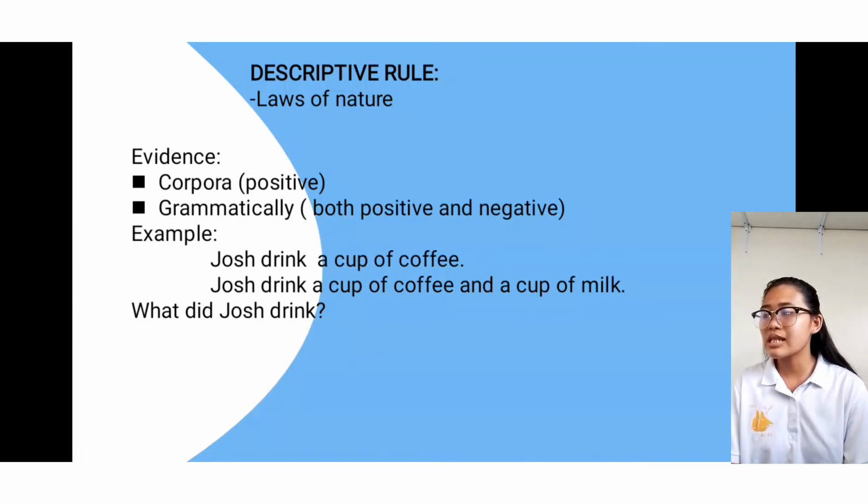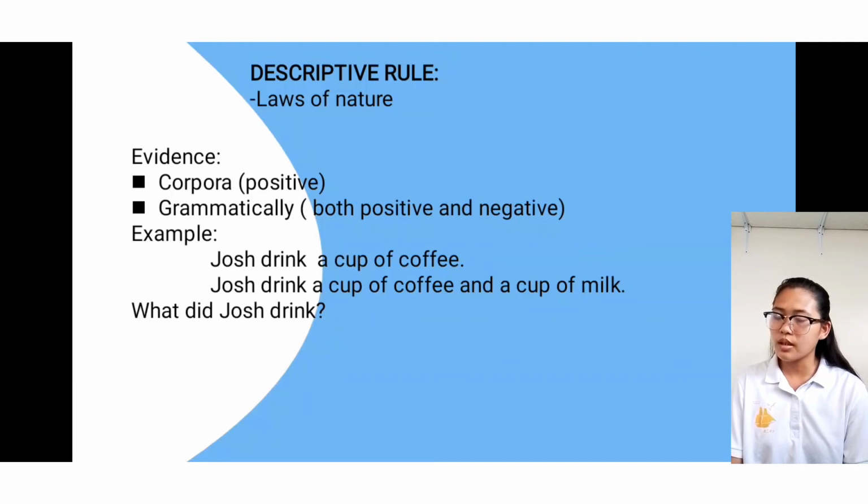From this sentence, you can ask something like this: what did Josh drink? Josh drank a cup of coffee. But you cannot ask from the second sentence: what did Josh drink a cup of coffee and a cup of milk? That is grammatically incorrect.